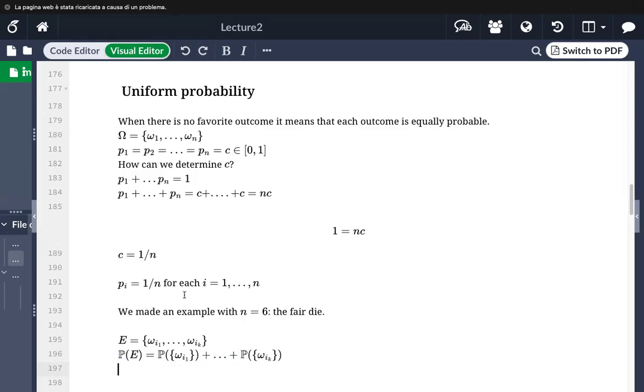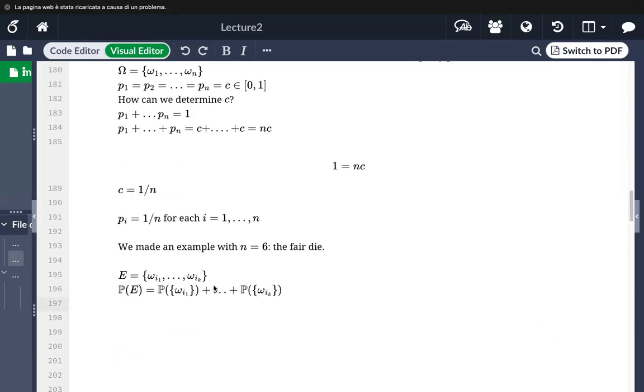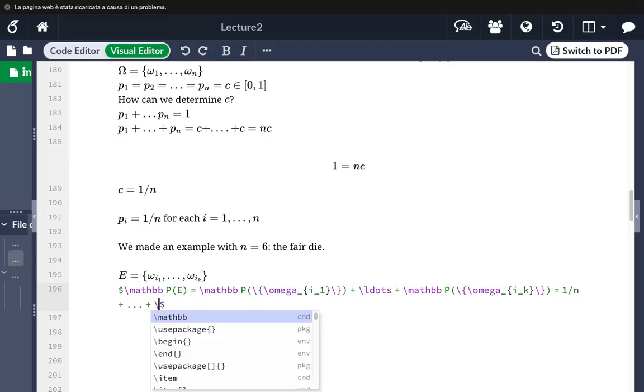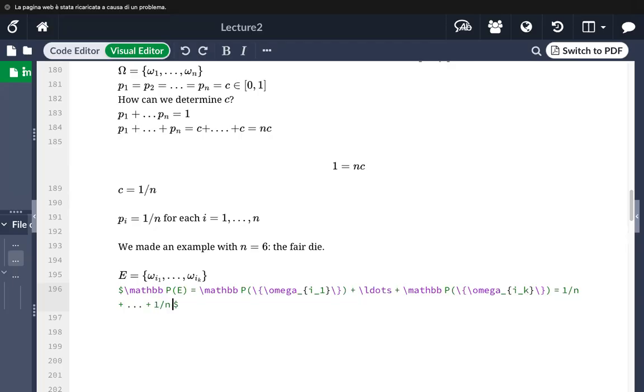But these probabilities are all equal to 1 over n. So each elementary event has the same probability, always the same number, k times. So this is simply k divided by n.